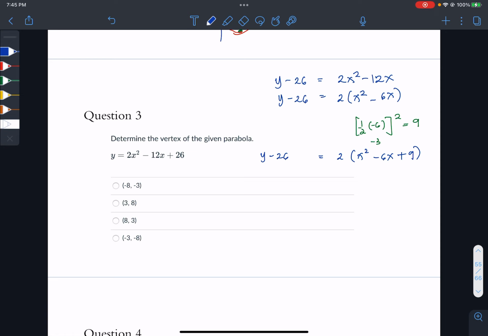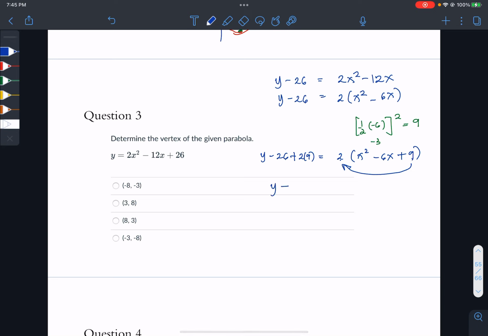Kaya lang yung 9 na to nakamultiply sa 2. So this 9 is multiplied with this 2. So therefore, kailangan kasama din yon. Kasi total, ang in-add ko dyan actually is 18. Diba? So kaya magpa-plus ako dito ng 2 times 9 as well.